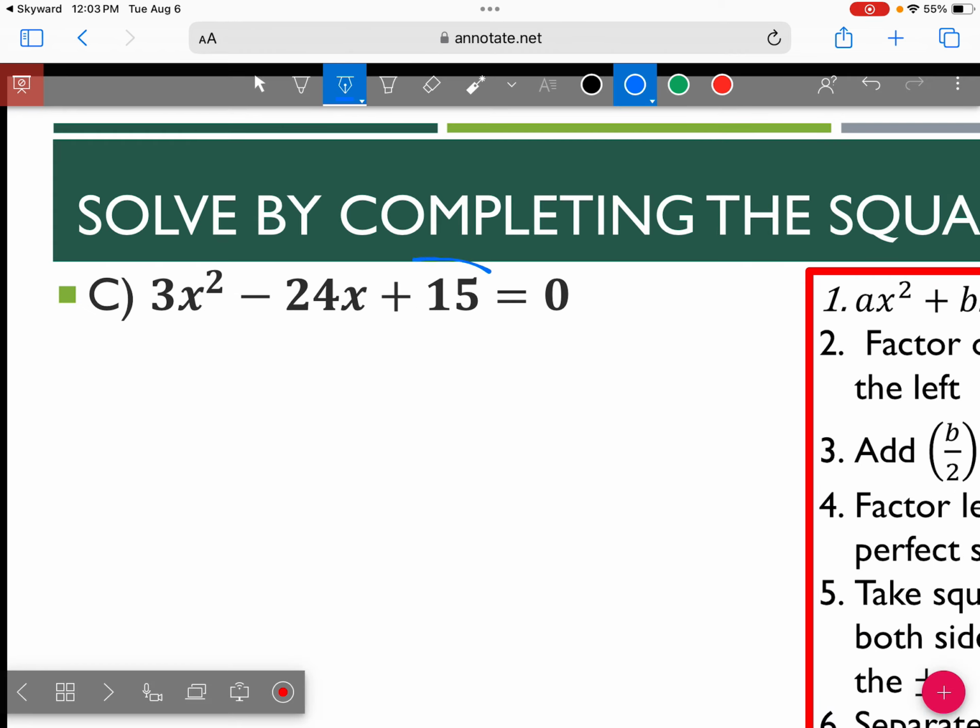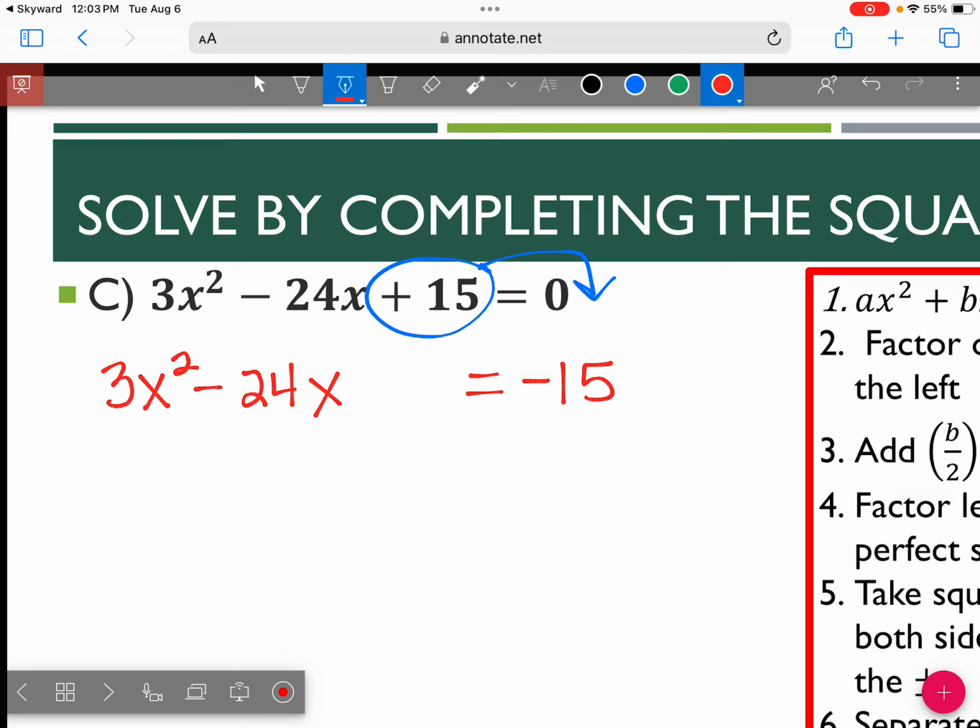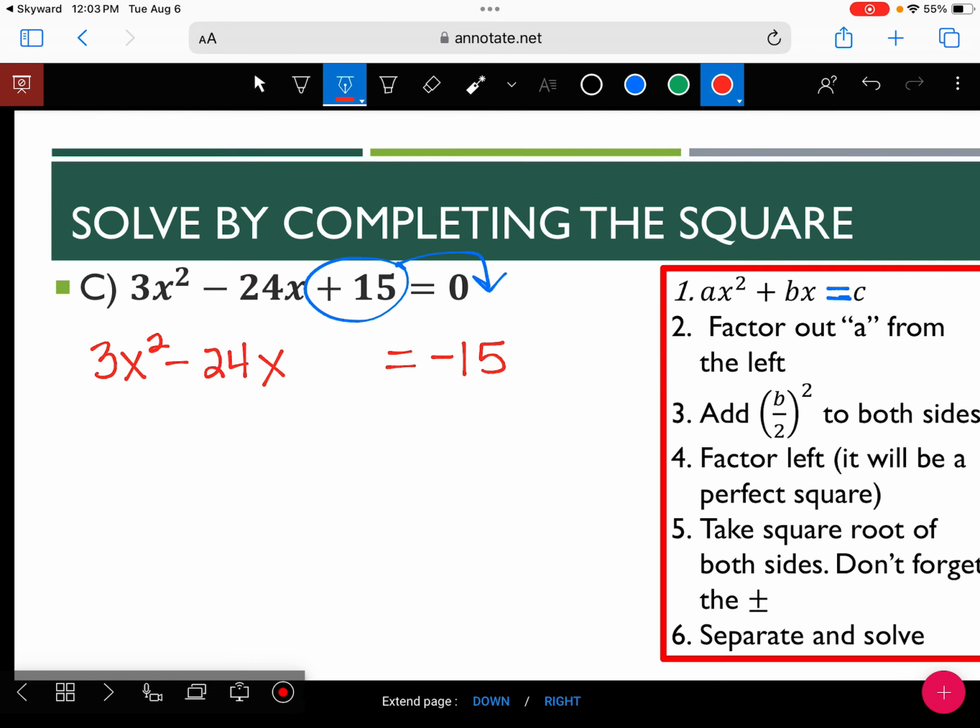So I'm going to move this C across. So that'll be 3x squared minus 24x equals negative 15. That's my first step. So now we have step 1 done. Step 1 is to move the C across. Now step 2 is factor out A from the left.